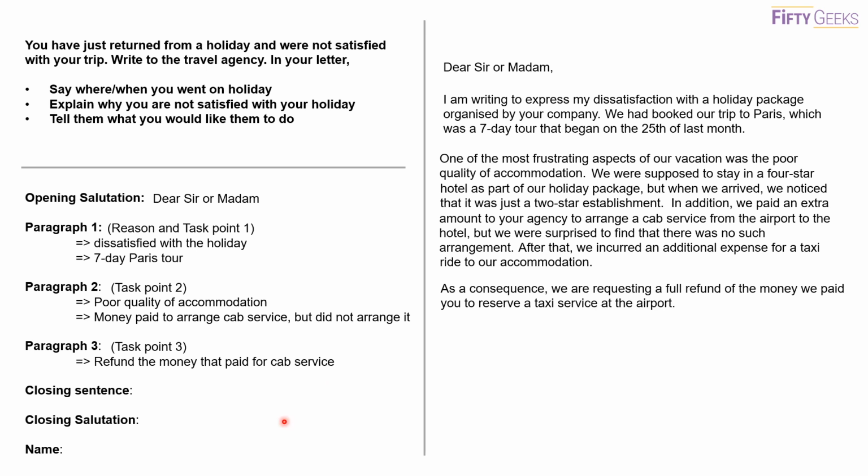After that, we will write a formal closing sentence to indicate we need a response back for this letter. We can simply write: looking forward to a prompt response to our concern.